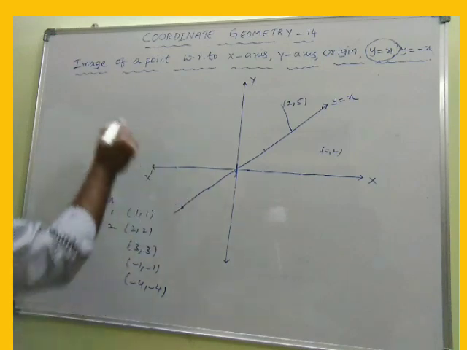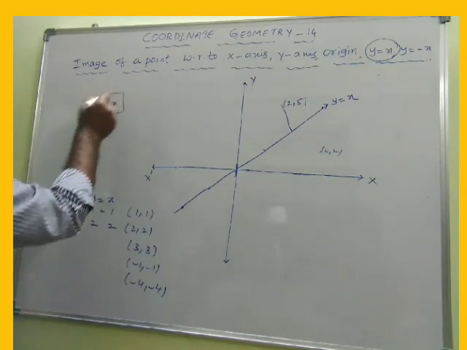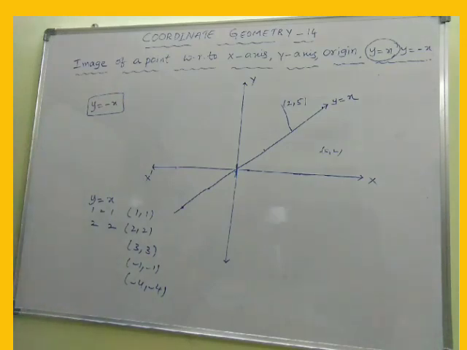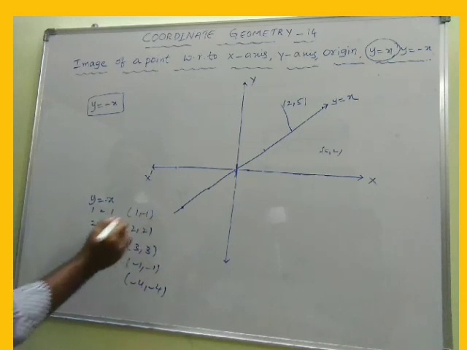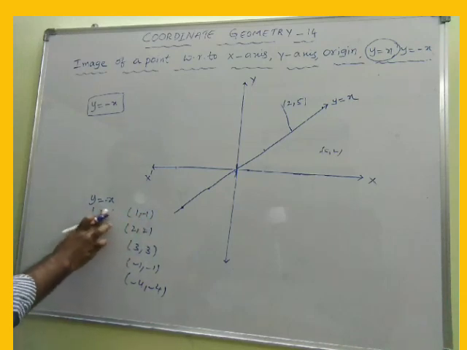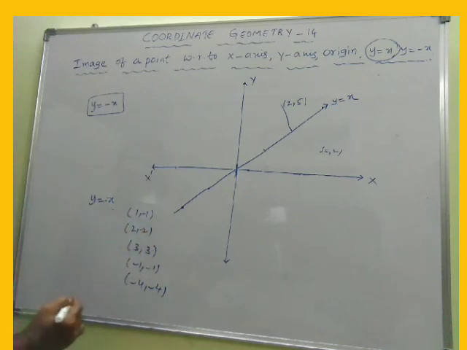And similarly, the last concept, image of a point with respect to y is equal to minus x. Just in the same manner, you can go with y is equal to minus x. Now x is, for example, 1, then y is nothing but -1, isn't it? And similarly, if x is 2, then y is -2.